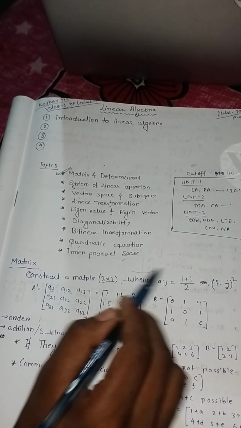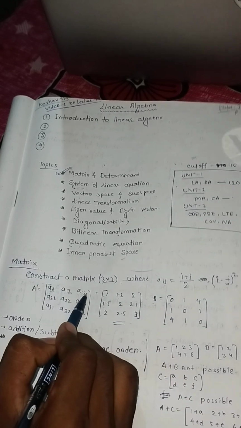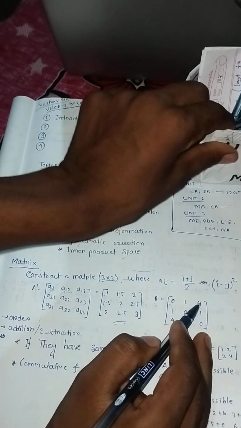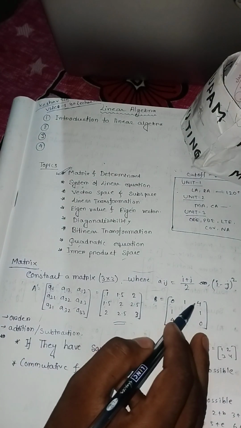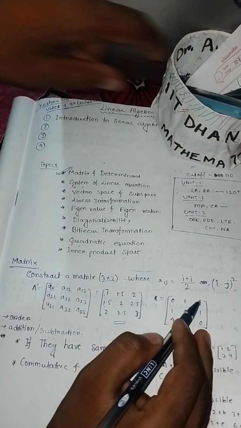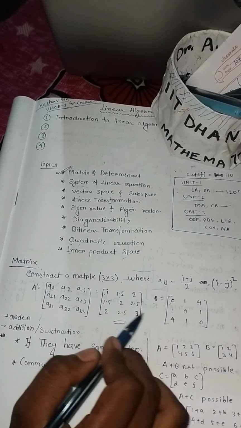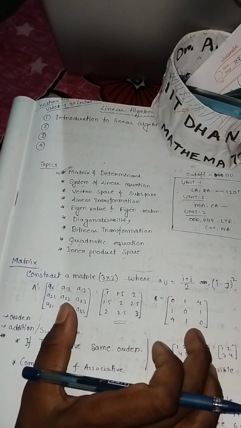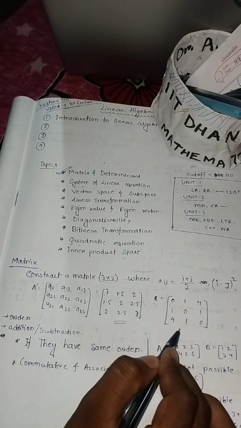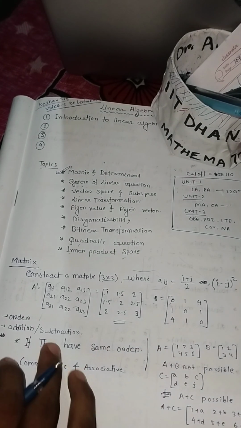Then 1 minus 2 is minus 1, and minus 1 square is 1. 1 minus 3 is minus 2, and minus 2 square is 4. So this is our actual result.